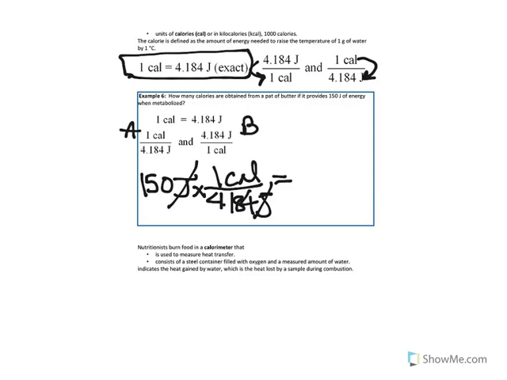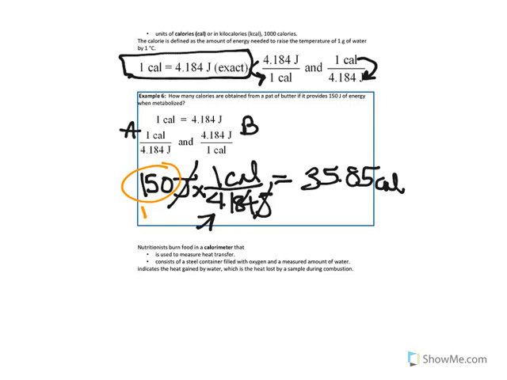So 150 divided by 4.184 is 35.85 calories. Now, again, this is an exact relationship, so we do not look at this in terms of significant figures. How many significant figures are in our original number, 150?